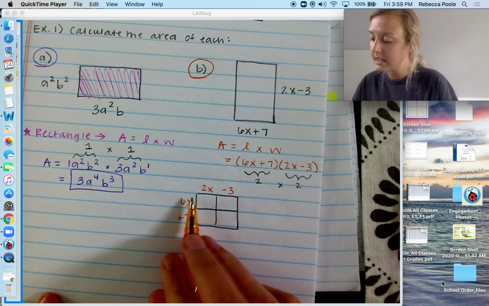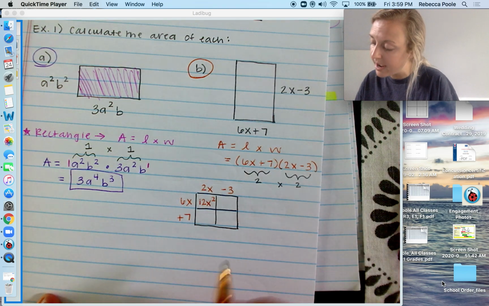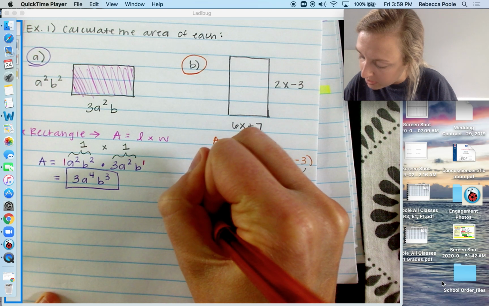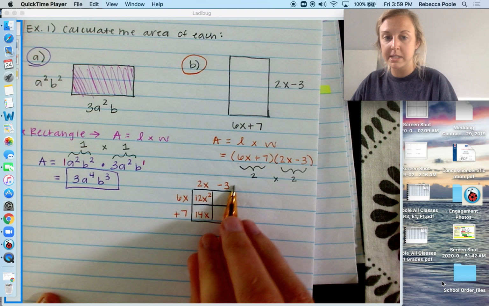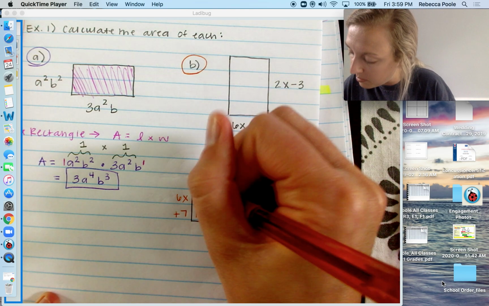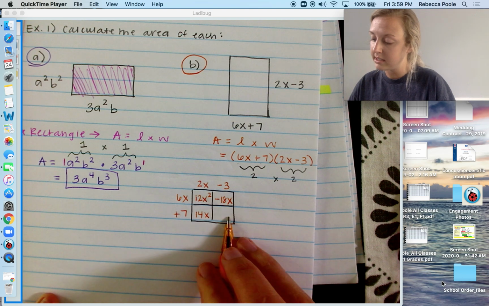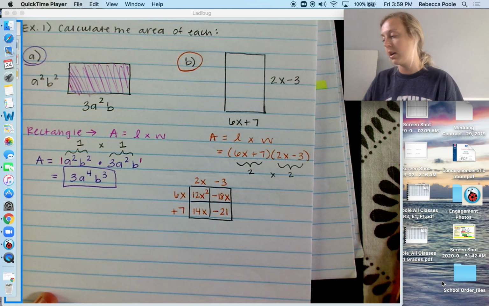Okay. 6x times 2x gives me 12x squared, because there's 2 of them. 7 times 2 is 14, and there was an x. 6x times negative 3 is going to be negative 18x. And then 7 times negative 3 is negative 21.